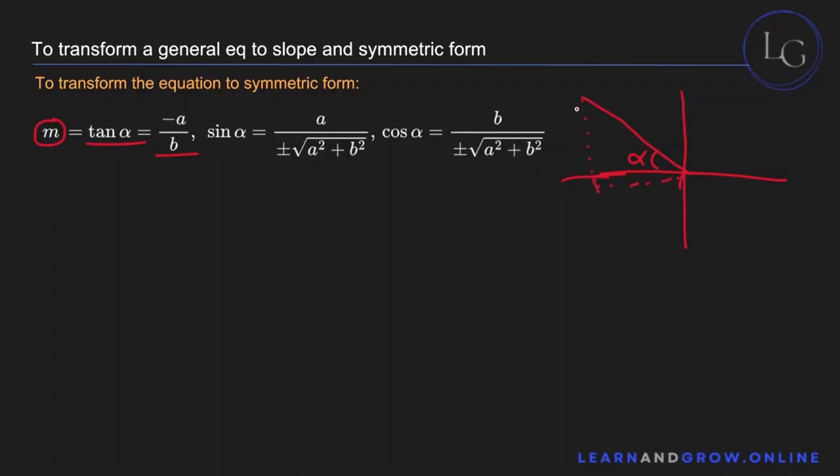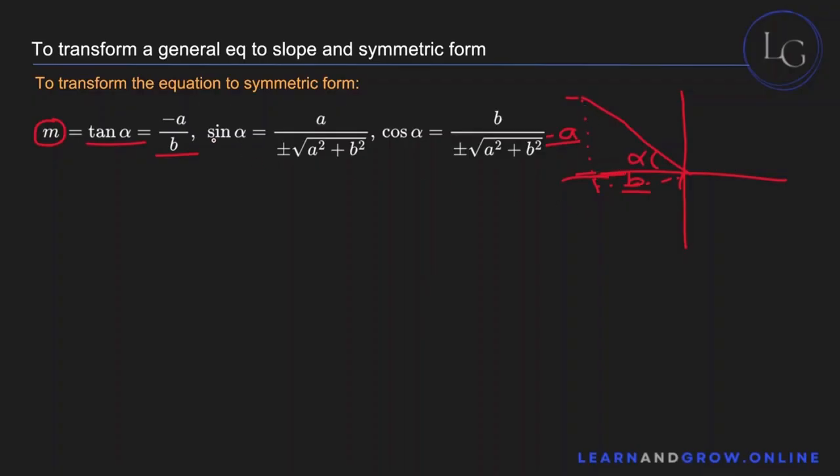So the rise is equal to, in this case, negative a, and the run is equal to b. So the y value is negative a and the x value is b, and tan alpha is equal to the rise over the run.